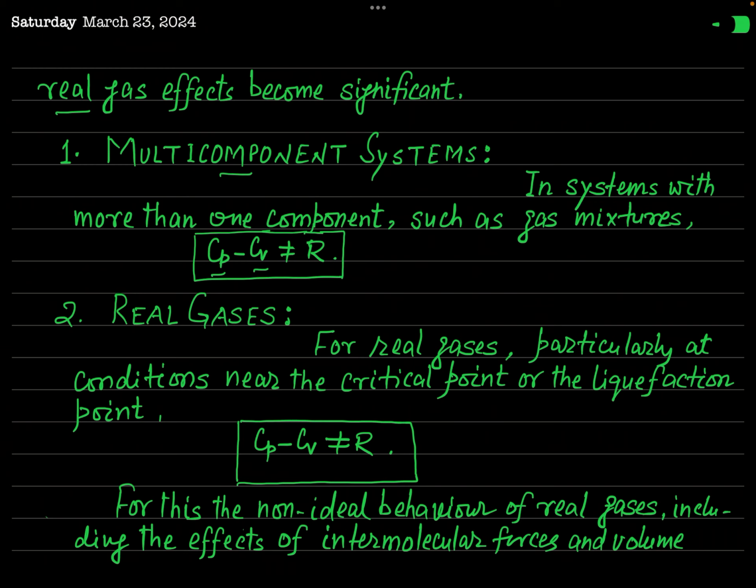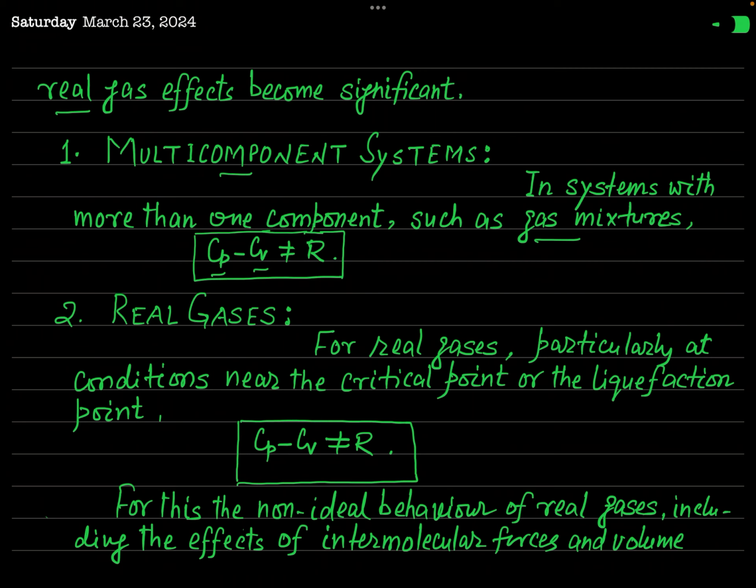It is not equal to R. When you say multi-component system, it means that in your system there is not only one thing, but a combination of several things. For example, you can take a gas mixture. When you consider a gas mixture, then Cp minus Cv is not equal to R.